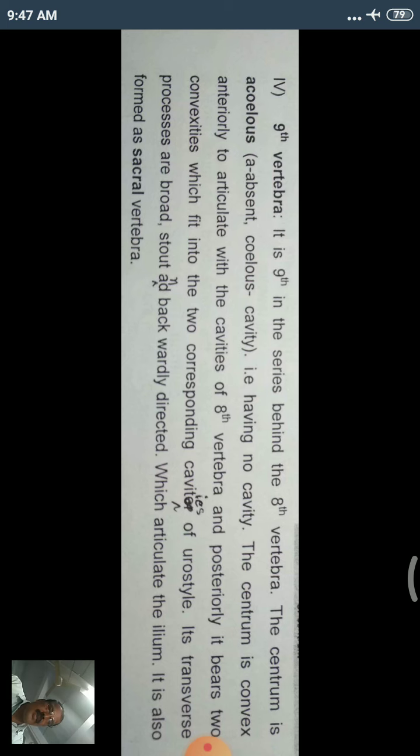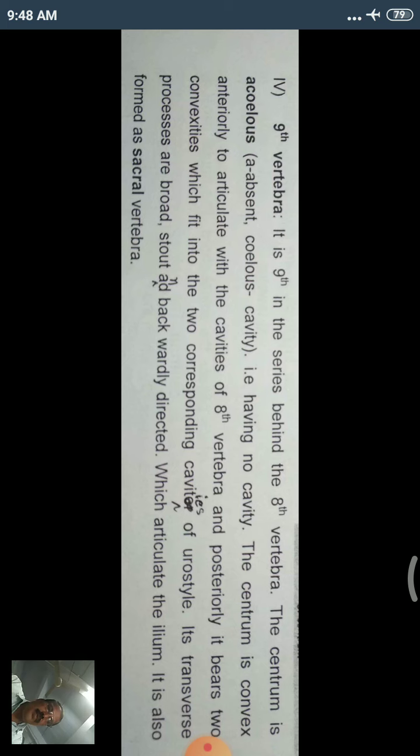The centrum is convex anteriorly to articulate with the cavities of the eighth vertebra, and posteriorly it bears two convexities which fit into two corresponding cavities of the urostyle. Its transverse processes are broad, stout and backwardly directed, which articulate with the ilium. It is also called the sacral vertebra.